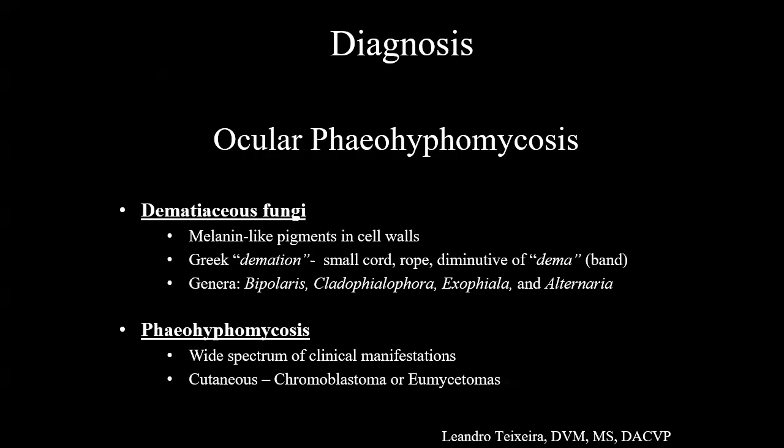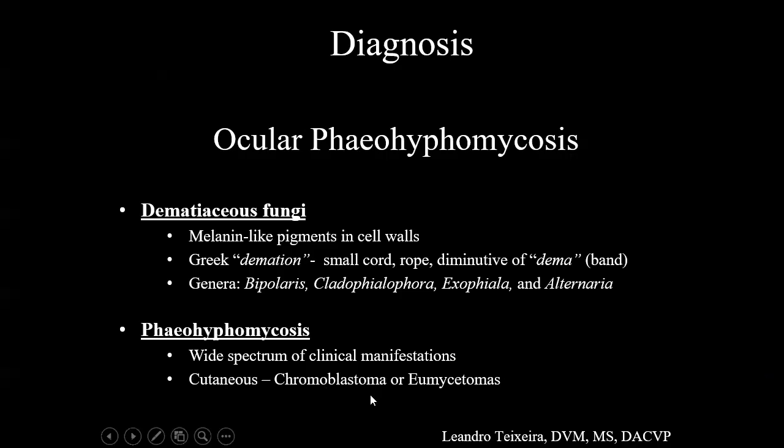Phaeohyphomycosis is the name of the class of the process itself. So when you have an infection with pigmented fungi, there is a wide spectrum of clinical presentations. It can be disseminated and end up in the eye like that. The cutaneous form receives specific names like chromoblastomycosis or eumycetomas, but you can have systemic infections also.